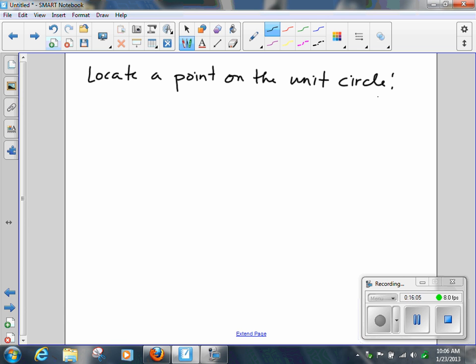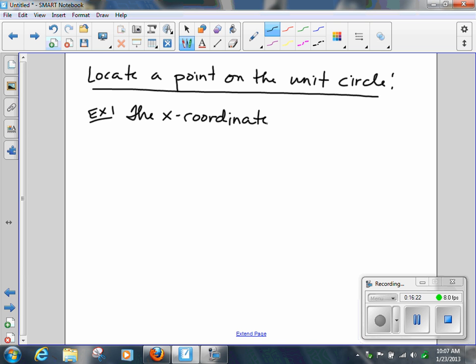Because what if we are only given one piece of that ordered pair and you're told to find the other piece? Let's say you are given this information. The x coordinate is positive.